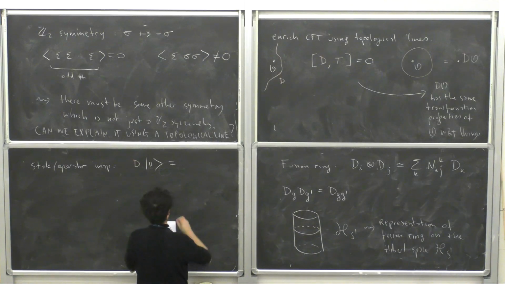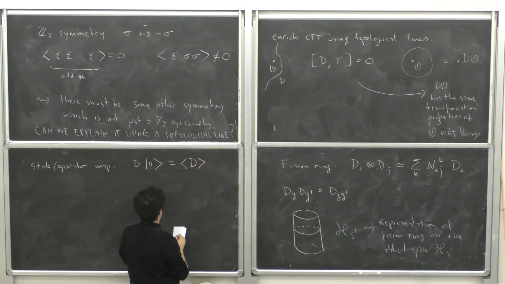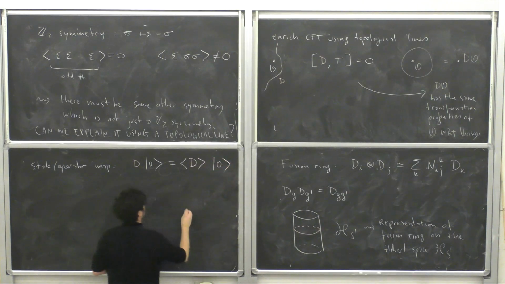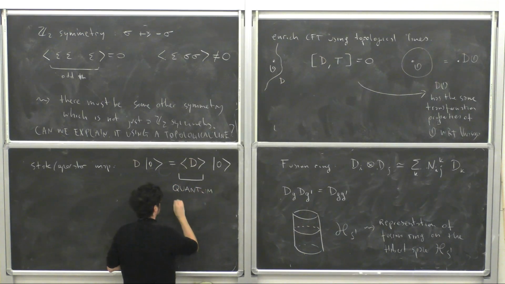This we can call the quantum dimension. This quantity here, denoted in this way, is the quantum dimension of the topological line.